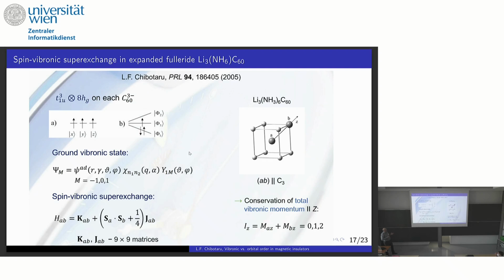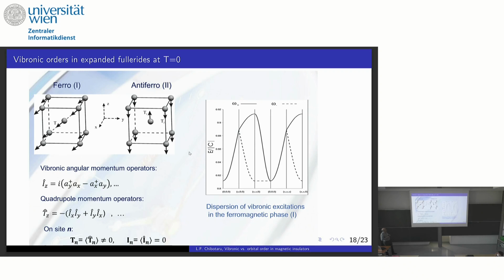And this is confirmed experimentally from susceptibility. And then the ordering first is antiferromagnetic ordering. When it happens, then we go down. The ordering of vibronic states will happen in the presence of magnetic order. When we describe this, we obtain the ordering of quadrupolar moments.